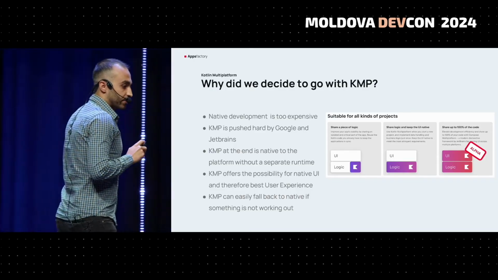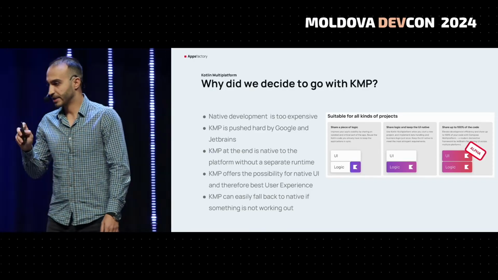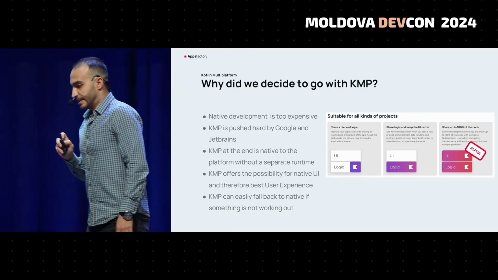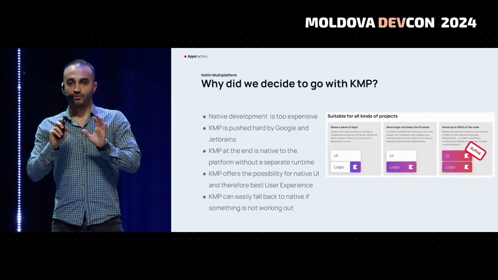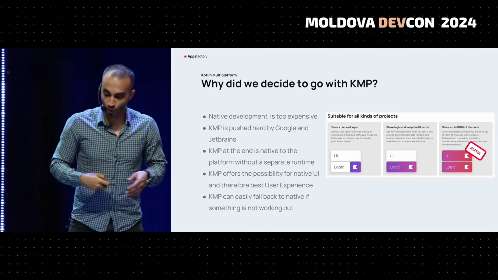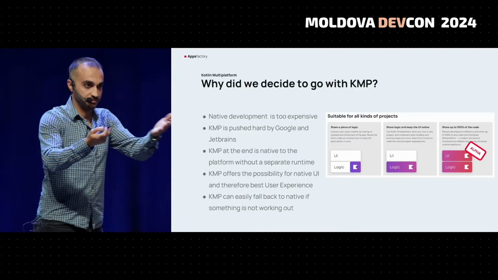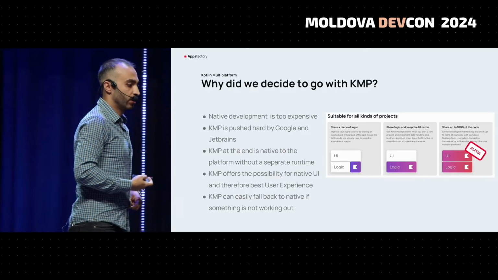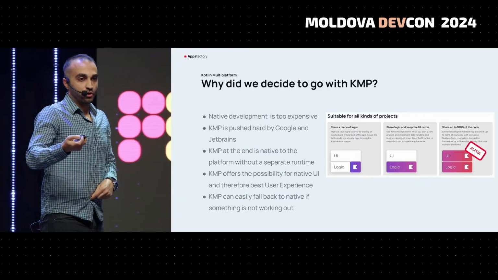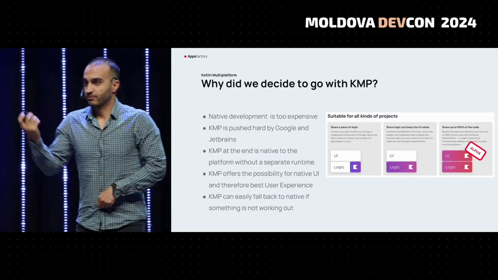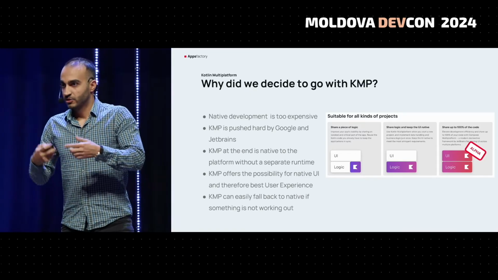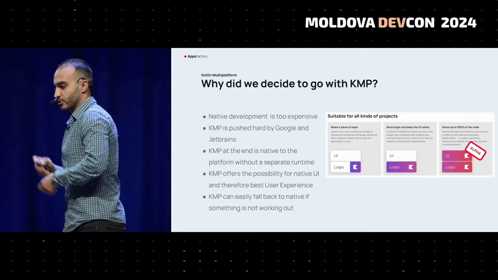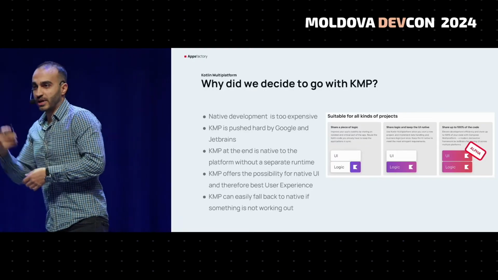And also, KMP is suitable for every kind of project. You can share only one piece of logic code, or you can share the whole logic if there are not that many differences. And even furthermore, if you say, I want a cross-platform experience, you can even share your UI written with Jetpack Compose and give it to your targets.